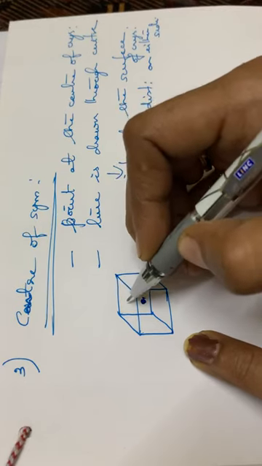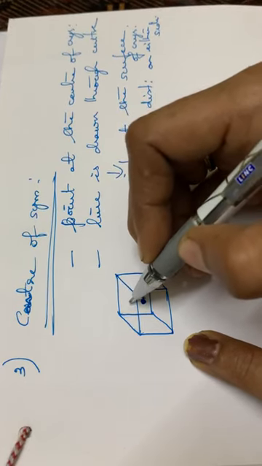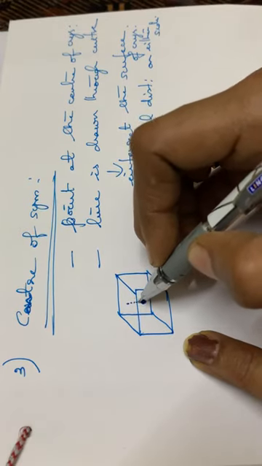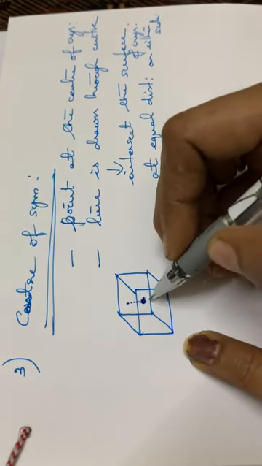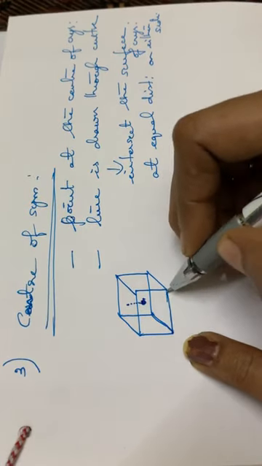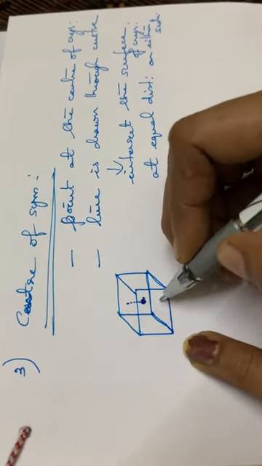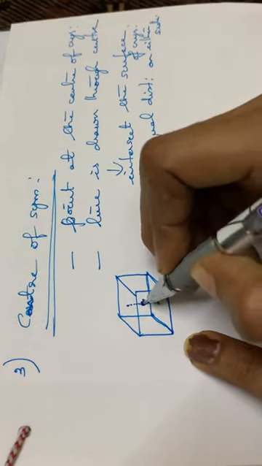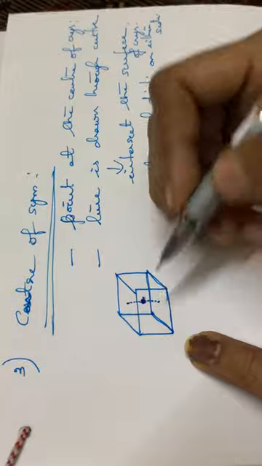Suppose a line is drawn from this plane, this is the center of this plane, it will have such a distance, and then the second plane, the opposite plane, is this plane. So again the center. This line will meet the center at equal distances.